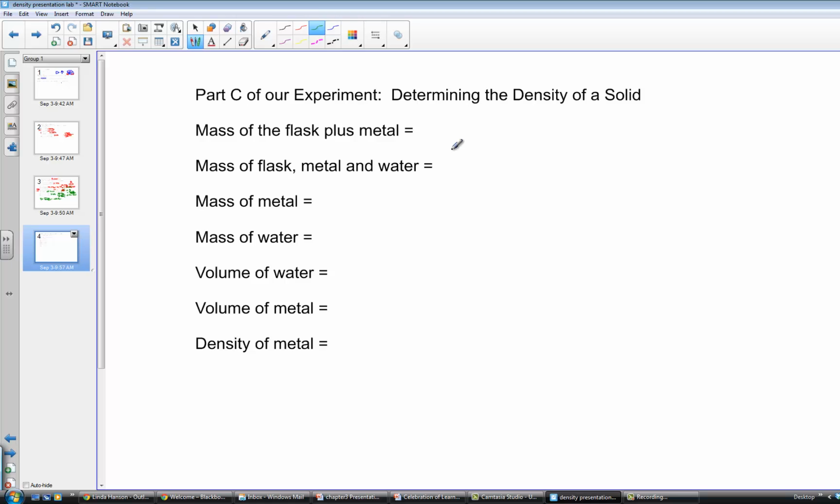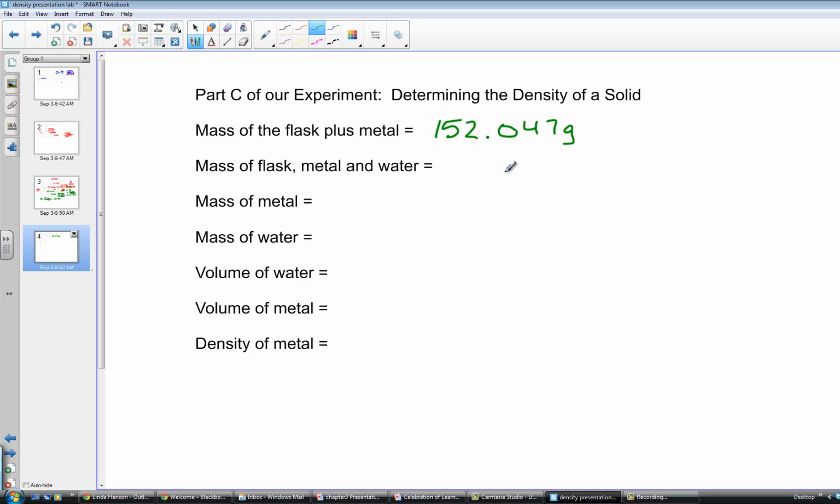Now as I read through my pre-lab, it says that when I weighed the flask and its contents, it weighed 152.047 grams. This is the metal and the flask.